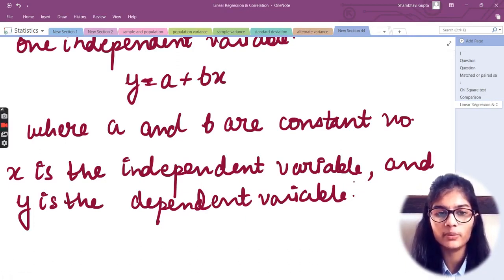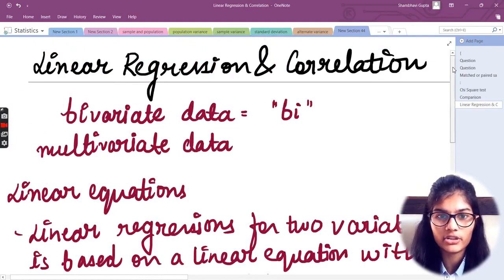So basically we choose which value we need to substitute for the independent variable, and then we solve for the dependent variable and things related to it. So in that similar case, x is the independent variable and y is the dependent variable which we are having here, right?